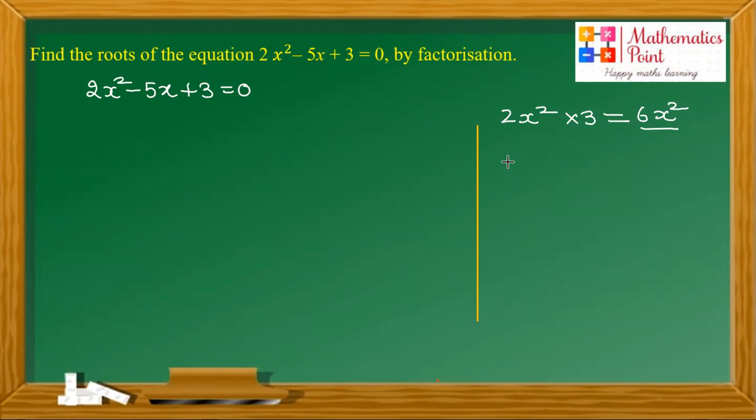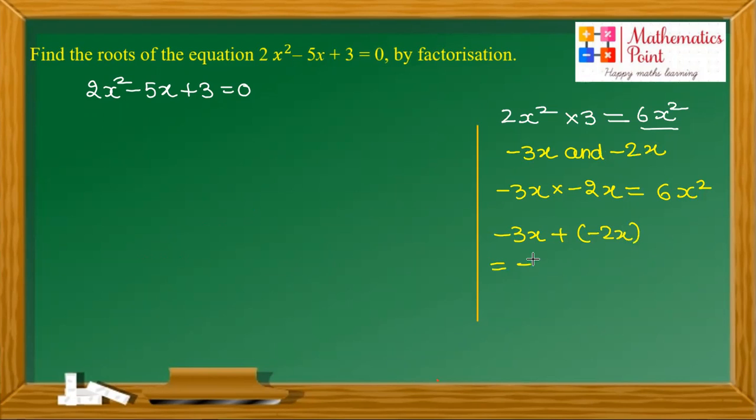The possible numbers are minus 3x and minus 2x, because when we multiply them, minus 3x multiplied with minus 2x, we get 6x square. But when we add them, minus 3x added to minus 2x, what do we get? Minus 3x minus 2x, which is equal to minus 5x.